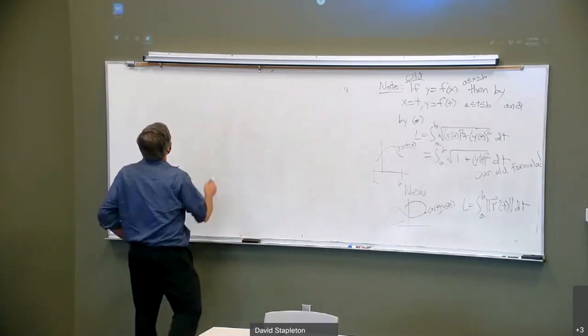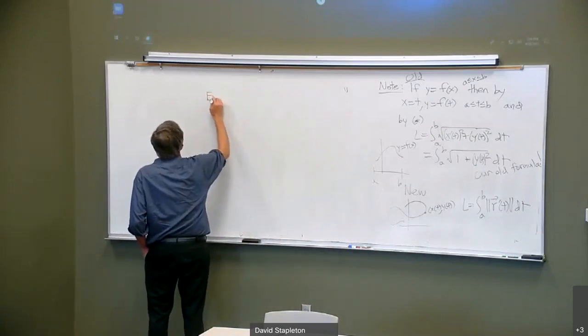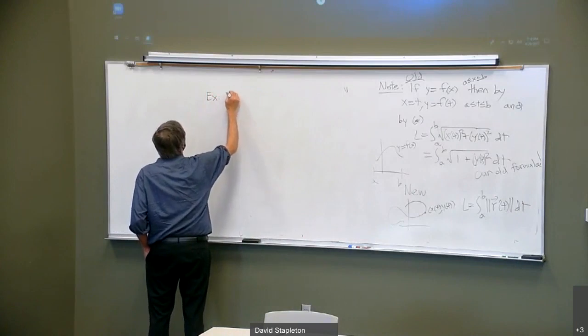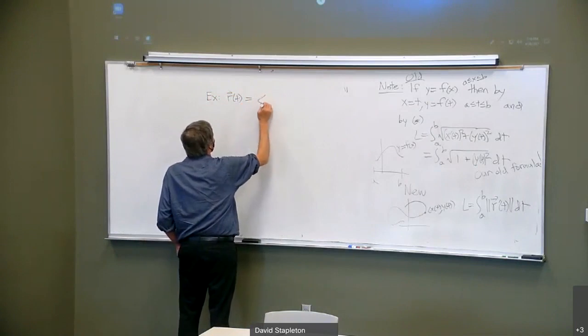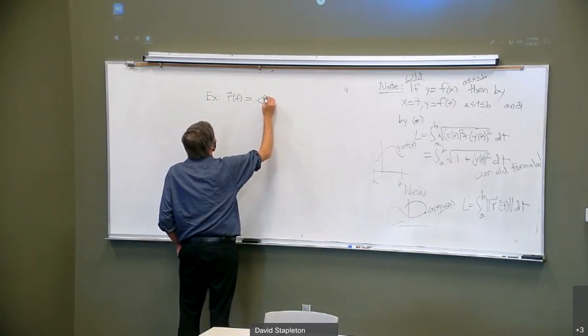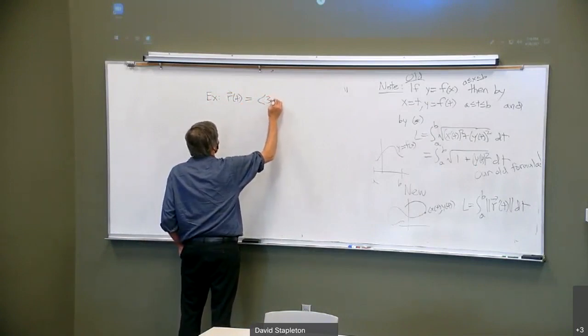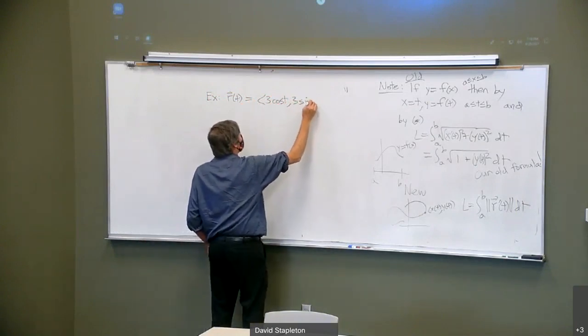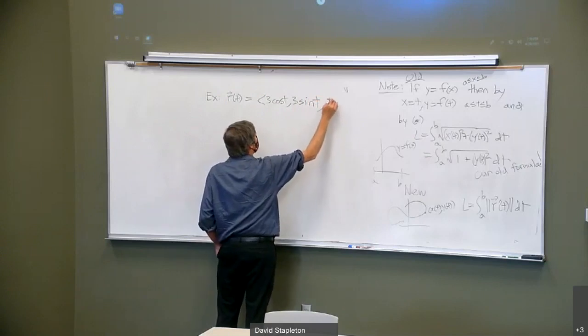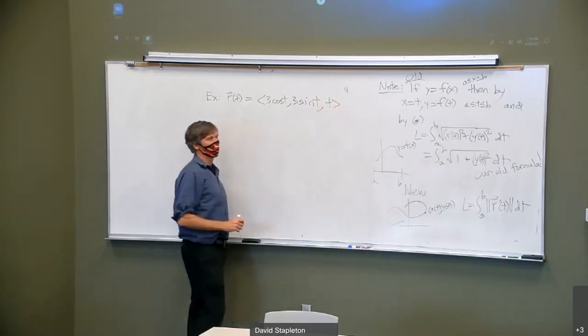Here's a fun one. Suppose r of t, we need to do a three-dimensional problem here, is equal to this vector valued function: 3 cosine t, 3 sine t, t. But that's sweet about it.